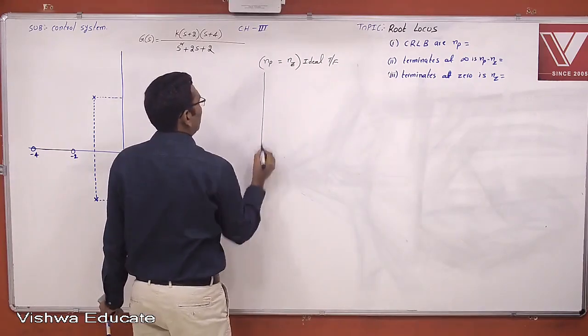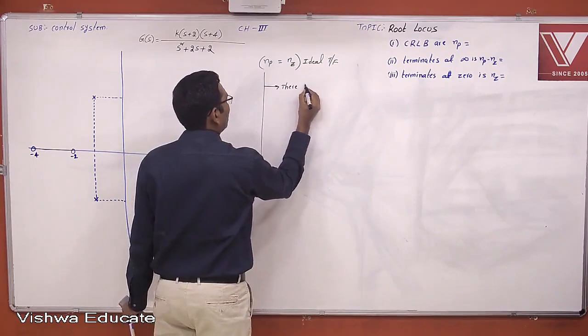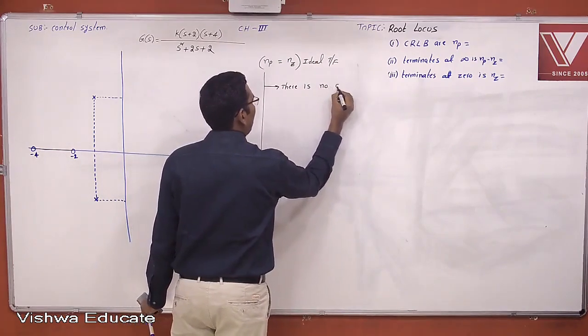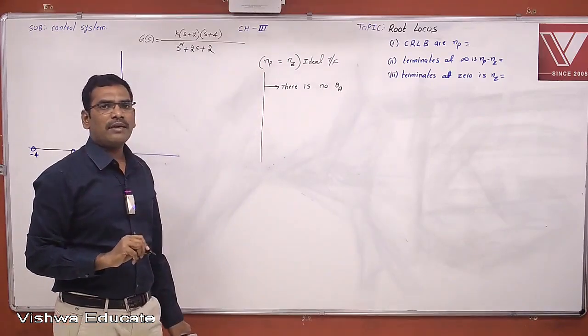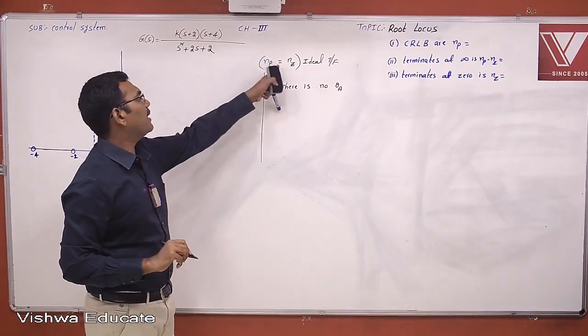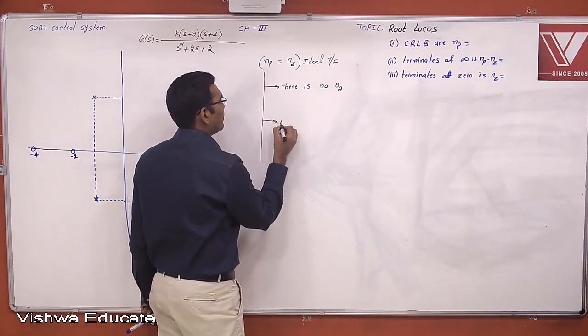If it is the ideal transfer function, there is no angle of asymptotes, because (2q+1)×180 degrees/(NP−NZ) is something by 0, which is infinity, and there is no angle of asymptotes.